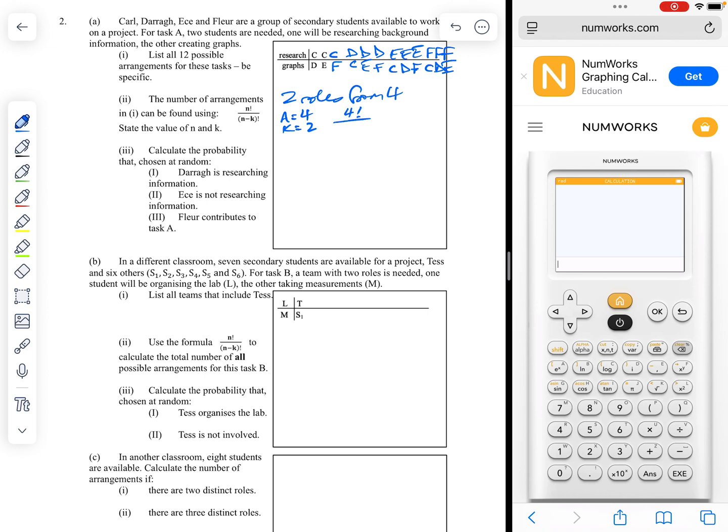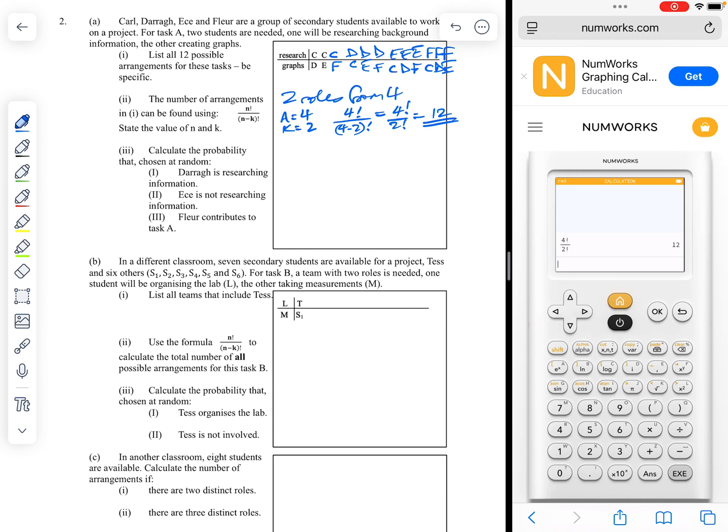So using the formula, 4 factorial over 4 minus 2 factorial gives us 4 factorial over 2 factorial. With the calculator, 4, toolbox, enter, move it across, divide it by 2, toolbox, enter. That's what we want, 12. There's our 12.